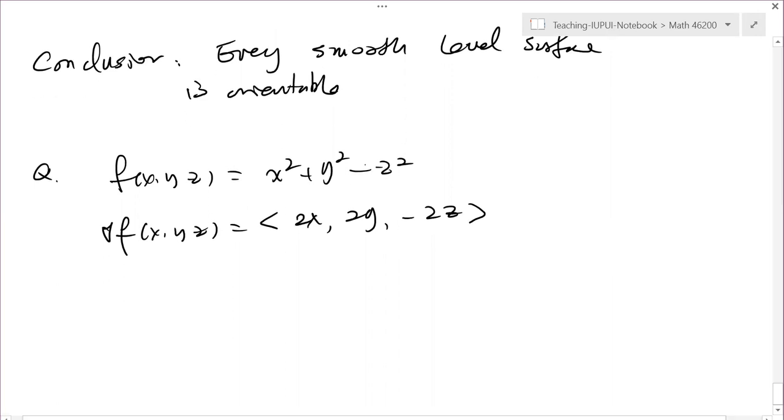So this in general is not going to be 0, right? It is not 0 when (x, y, z) is not 0.